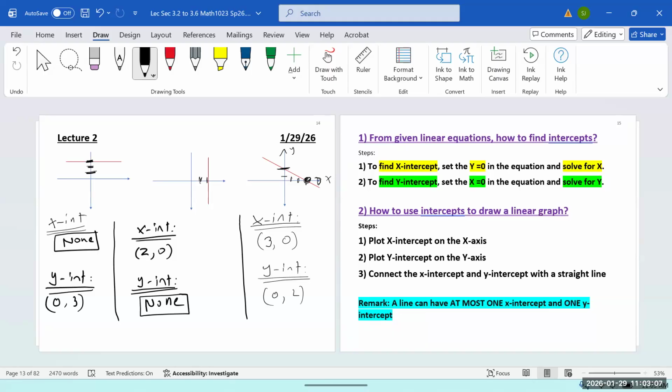You get your x-intercept. Similarly, to find the y-intercept, remember, the y-intercept has x equals 0. So set every x to be 0 and solve for y. That's how you get the x and y intercepts. And drawing a line using the x and y intercepts is the most reliable way. All you have to do is find the x-intercept, plot it on the x-axis, find the y-intercept, plot it on the y-axis, and then connect them with a straight line, because we are graphing a linear function, which means a line.